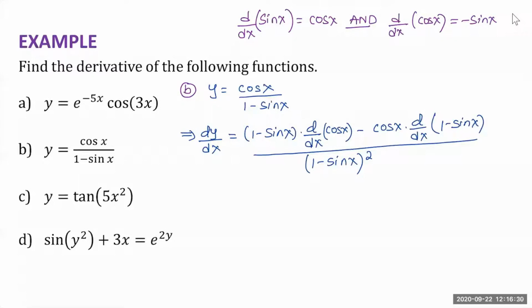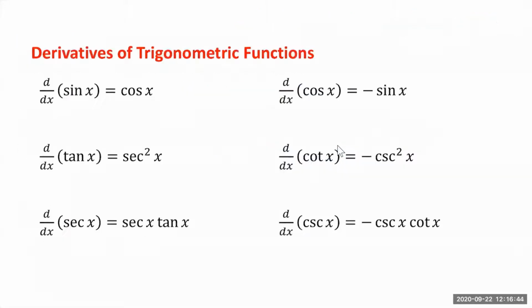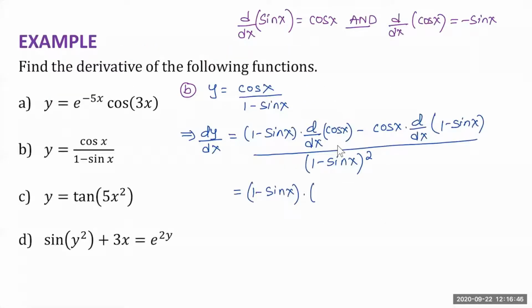So this is equal to 1 minus sine x multiplied by the derivative of cosine. The derivative of cosine is negative sine, so that will be negative sine x, then minus cosine x times the derivative of 1, which is 0, because the derivative of a constant is 0, minus the derivative of sine.